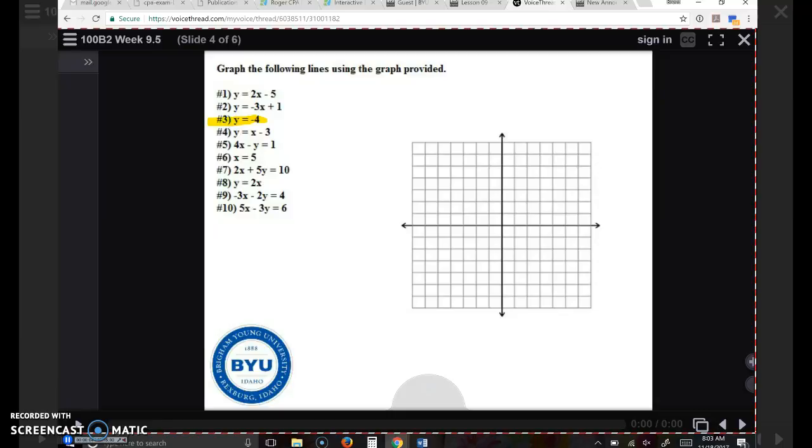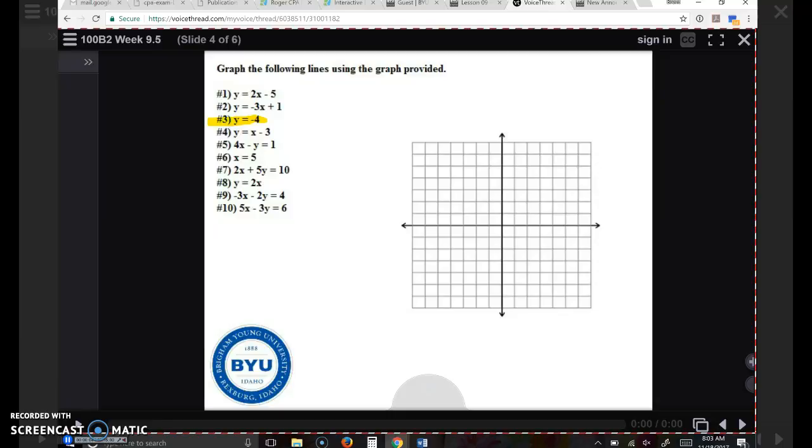So it doesn't matter what x equals in this case, because will it ever change what y equals? If you say x equals 10, what does y equal? Well, it equals -4. If you say x equals 1,000,000, y still equals -4.